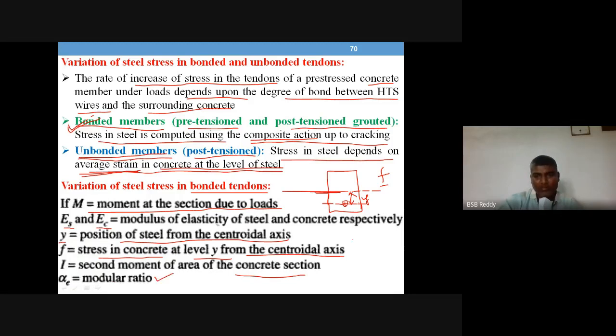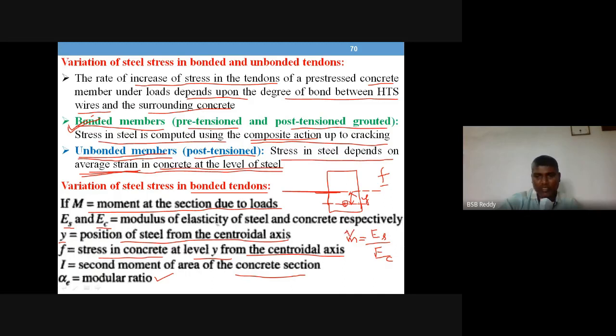It is also denoted by M in some textbooks. Here it is mentioned as alpha. So Young's modulus of steel divided by Young's modulus of concrete is known as the modular ratio.